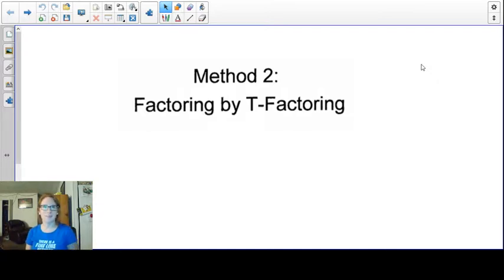To me, this makes more sense. I can see my answer. It's cleaner, not as messy, in my opinion. It looks longer, but in the end, I think it helps more.